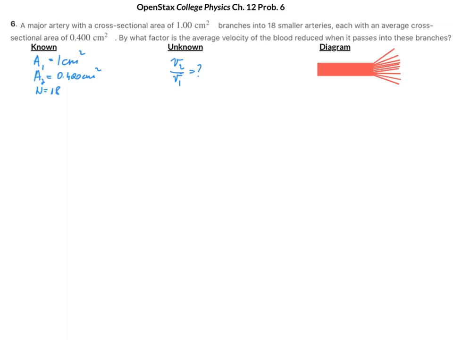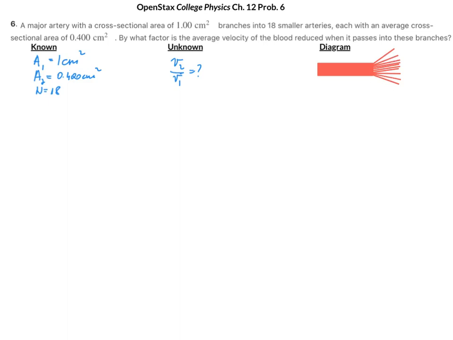All right, so here I drew a squid-like thing. This is actually the artery, the major artery, and it branches out into 18 smaller arteries. And we know that the volume flow rate, the volume of blood that was moving through the artery, has to be kept constant.